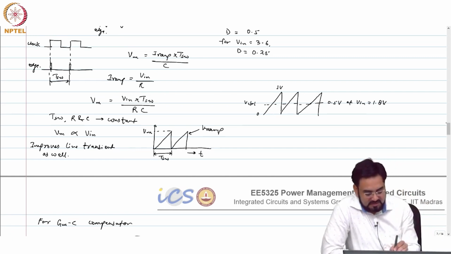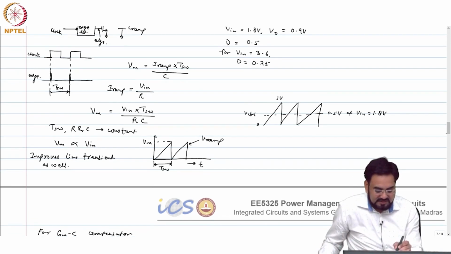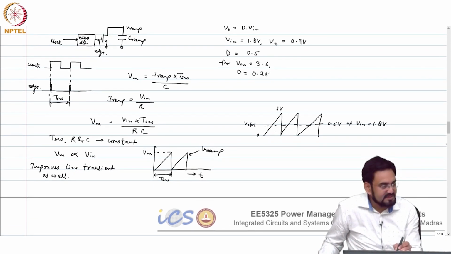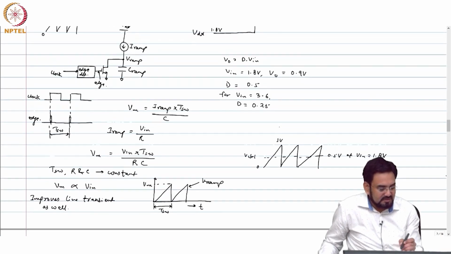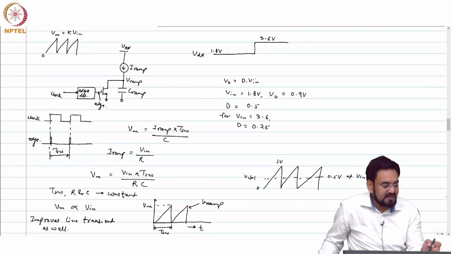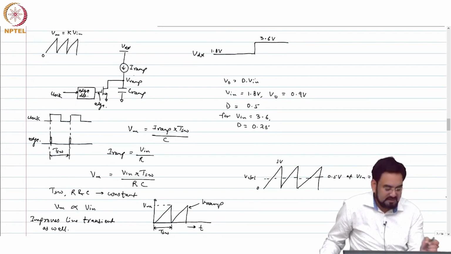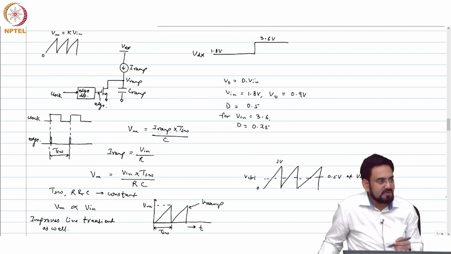Whenever you change this voltage, the ramp changes. Let us say your line signal has changed here, and that will get reflected immediately in your current, and the slope of this ramp will change.